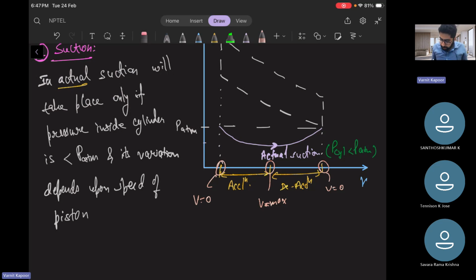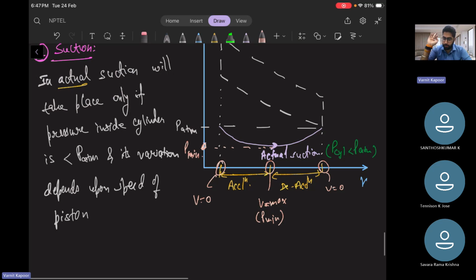So that is why the pressure is minimum here, as per Bernoulli's law. That is why the pressure in the whole cycle is minimum at this point only. P minimum. I hope this suction process is clear.